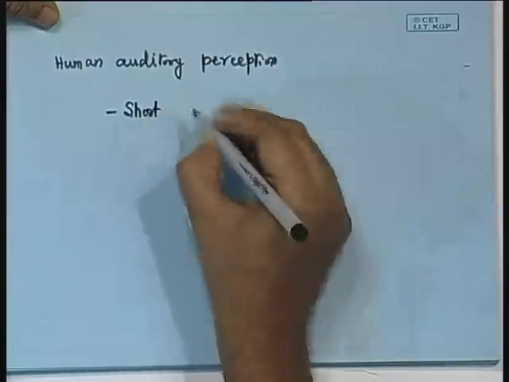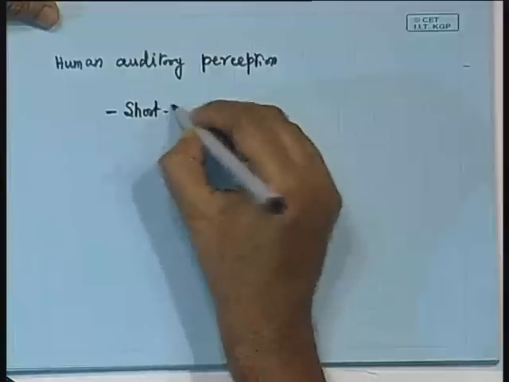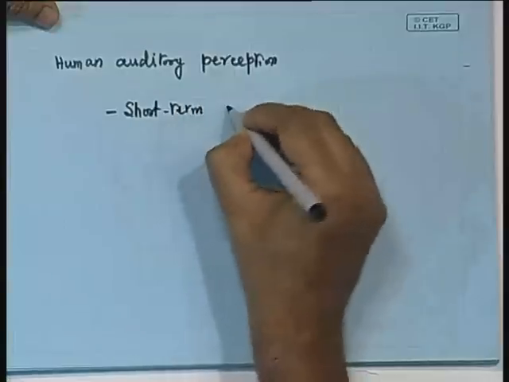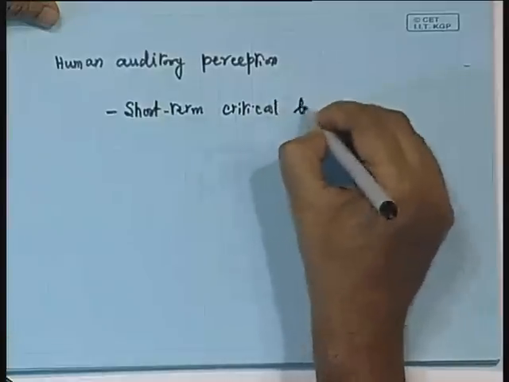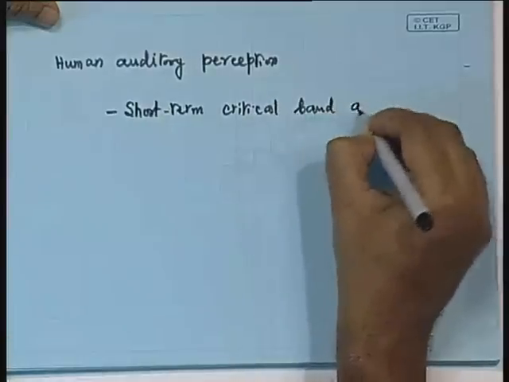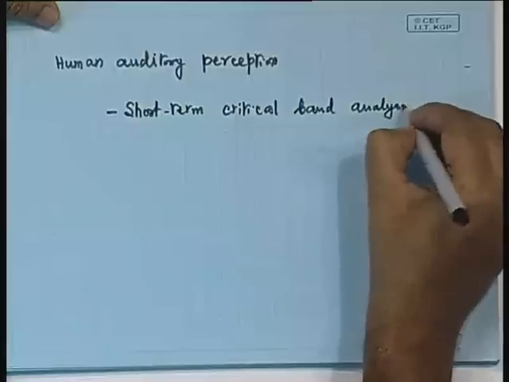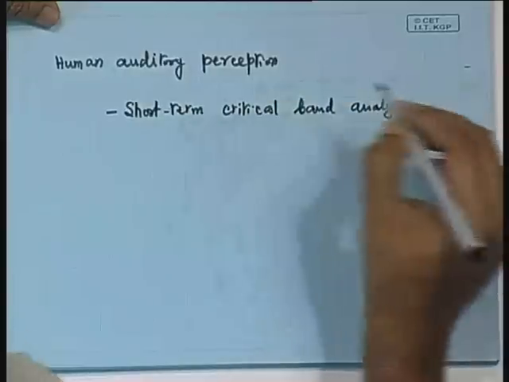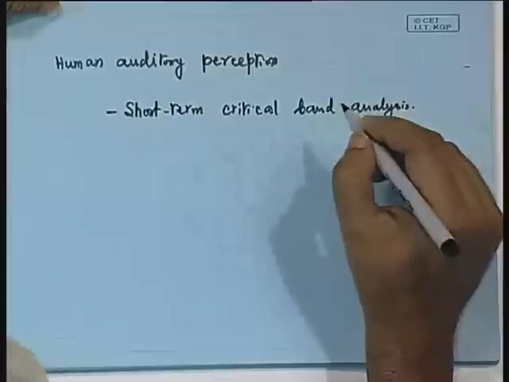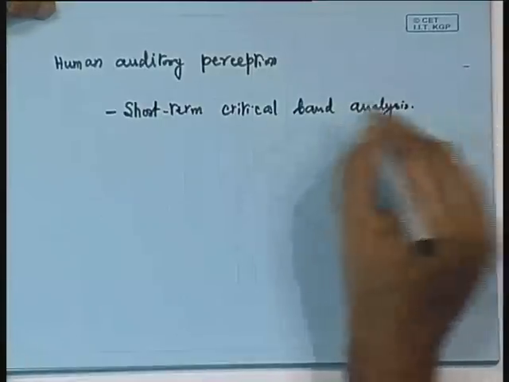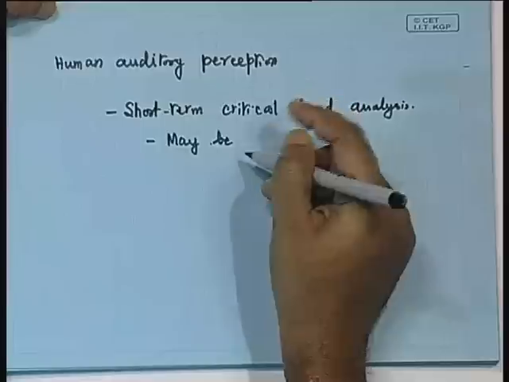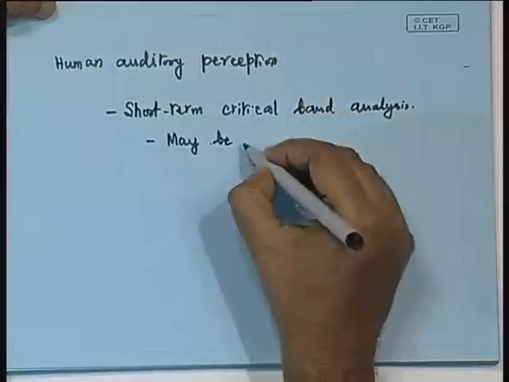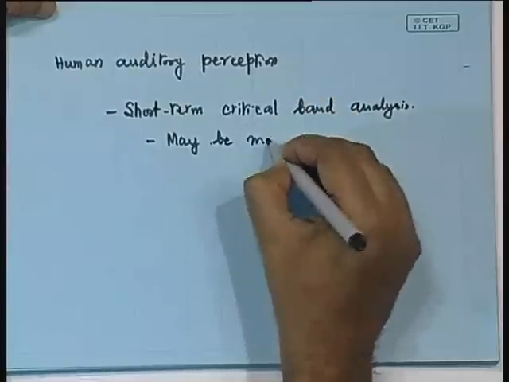So, the human auditory system performs short term critical band analysis, and what I mean by that is that the human auditory system can be modeled as a bank of band pass filters of overlapping frequencies.